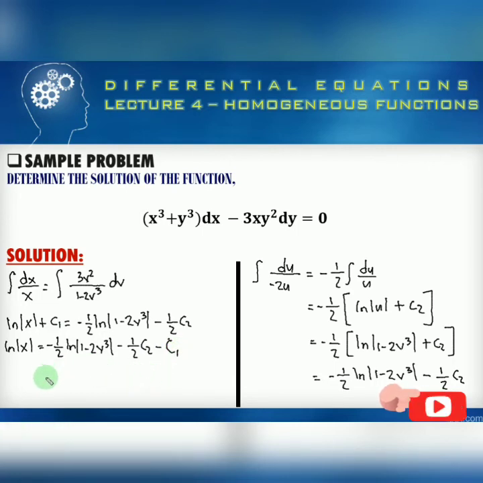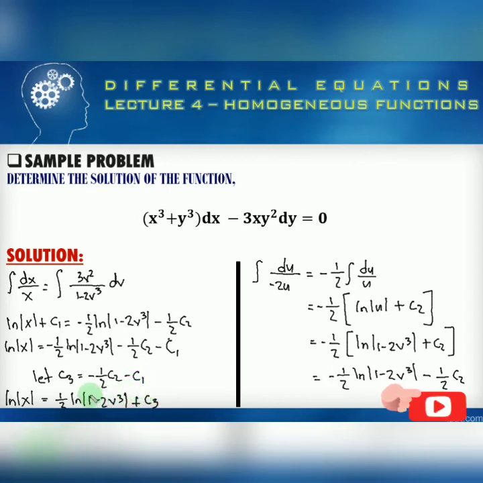Okay, so let us assign our c3 equal now to minus 1 half c2 minus c1. So these terms here, let us assign this minus 1 half c2 minus c1 equal now to c3, and then we will have now this calculation: ln of x is equal now to negative 1 half ln of 1 minus 2b cubed, and then we have now this plus c3.